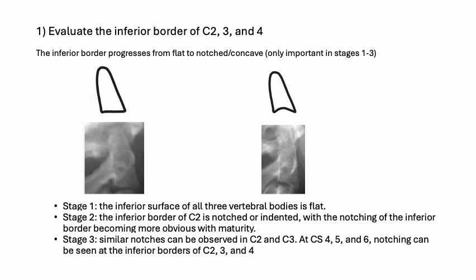It's important to note that you will sometimes encounter the ring apophysis that will be fused or partially ossified and unfused. When the cervical vertebral maturation system was initially described, they didn't really consider the ring apophysis at all.